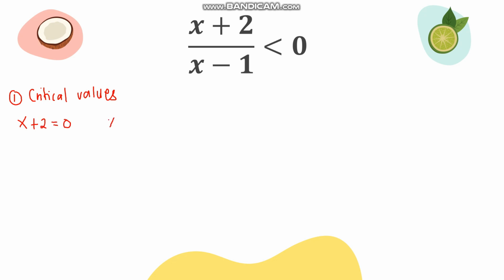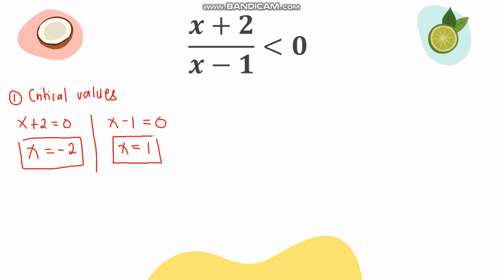Next we have x minus 1, we also equate it to 0. From here, we can identify the two values of x that will serve as our critical values. So x is equal to negative 2. This is the first value of x. Next we have x equals 1. So we have x equals negative 2 and x equals 1.